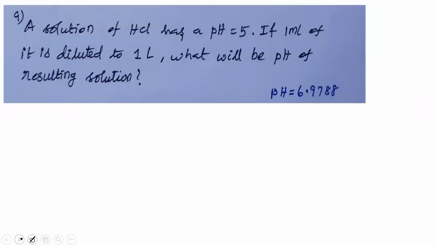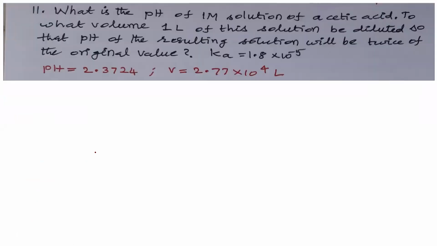Doubling the pH, we said, therefore what will happen to the concentration of acetic acid? That is the question we have to discuss. Now here, what is the pH of a 1 molar solution of acetic acid? The acetic acid concentration is given as 1 molar.